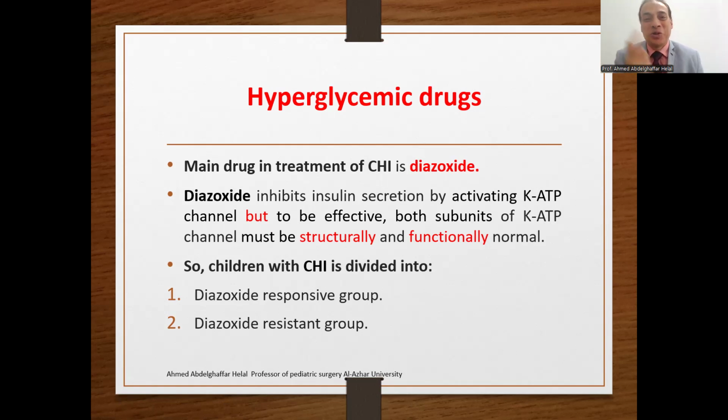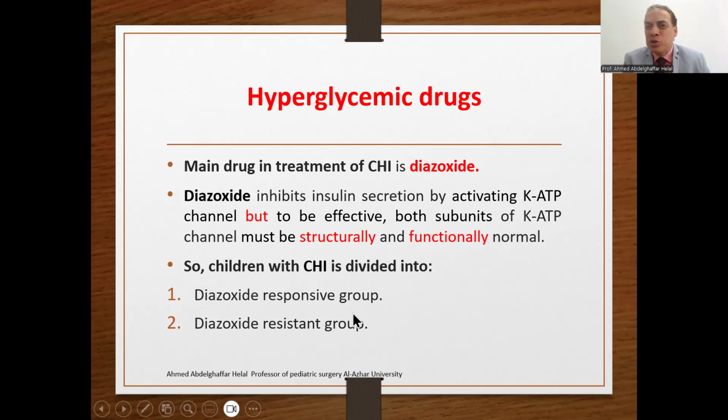It will not respond. So surprisingly, the majority of cases with congenital hyperinsulinism will not respond to diazoxide. Children with congenital hyperinsulinism are classified into a diazoxide-responsive group and a diazoxide-resistant group, which is the most common.